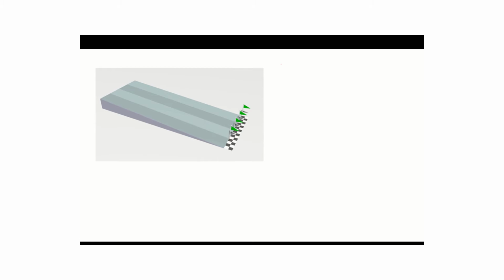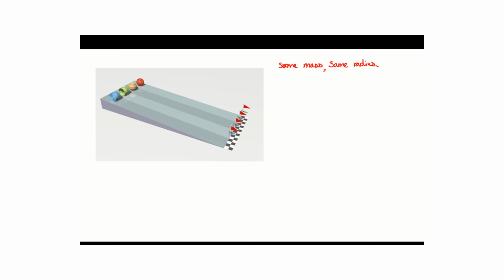Remember that they have the same mass and they have the same radius or diameter. So we've got them going down the slope.